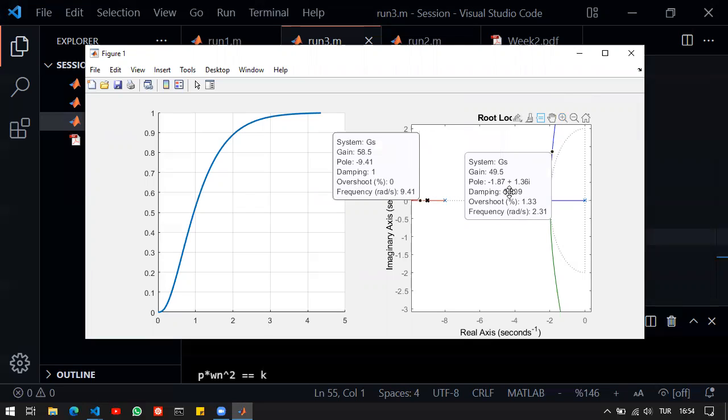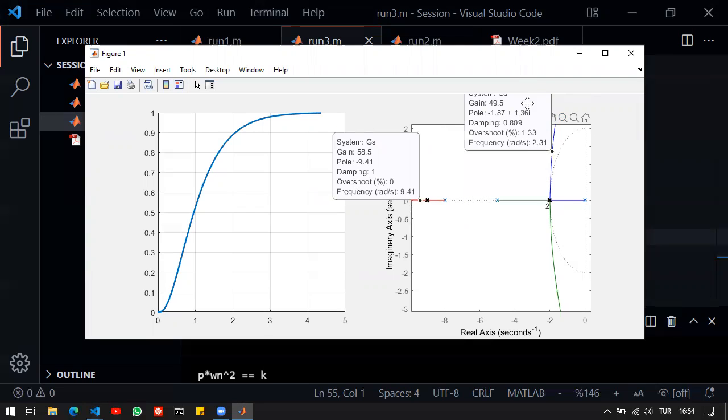So don't misinterpret this interface here. This damping ratio is associated with only these 2 poles. This doesn't mean that the closed loop will have this damping ratio. Okay? If we have, for example, a 4th order system, there might be 2 different damping ratios because of 2 different complex conjugate poles.